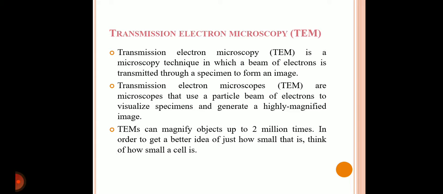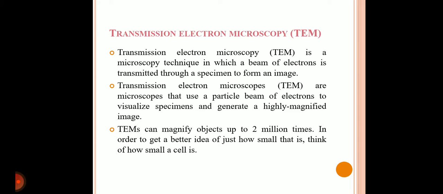It uses a wide beam of electrons passing through a thin specimen to form an image. This microscope is analogous to a standard upright or inverted light microscope. The specimen is most often an ultra-thin section less than 100 nanometer thick or a suspension on a grid.